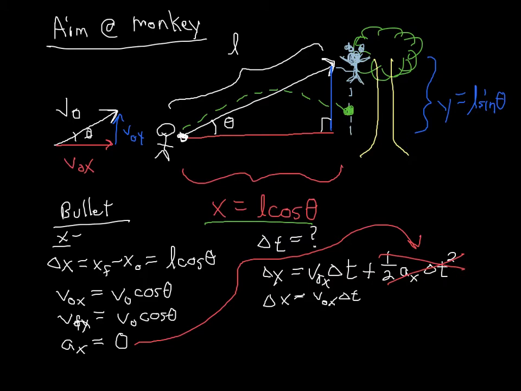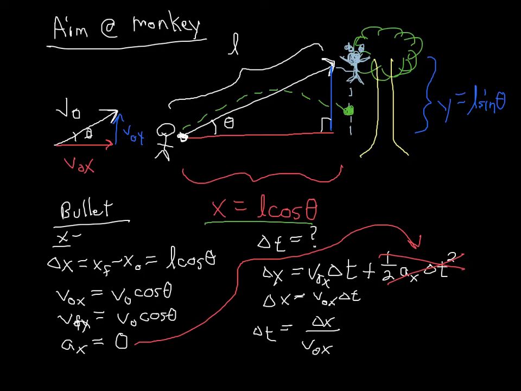And I can solve this equation for delta t to get delta t by itself. That means I'm going to divide both sides by v0x to find that change in time is equal to change in x over the initial velocity in the x direction.